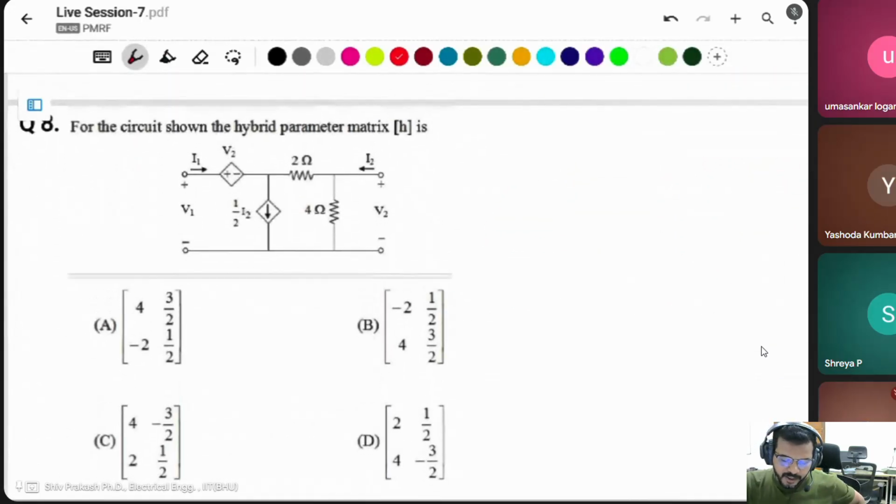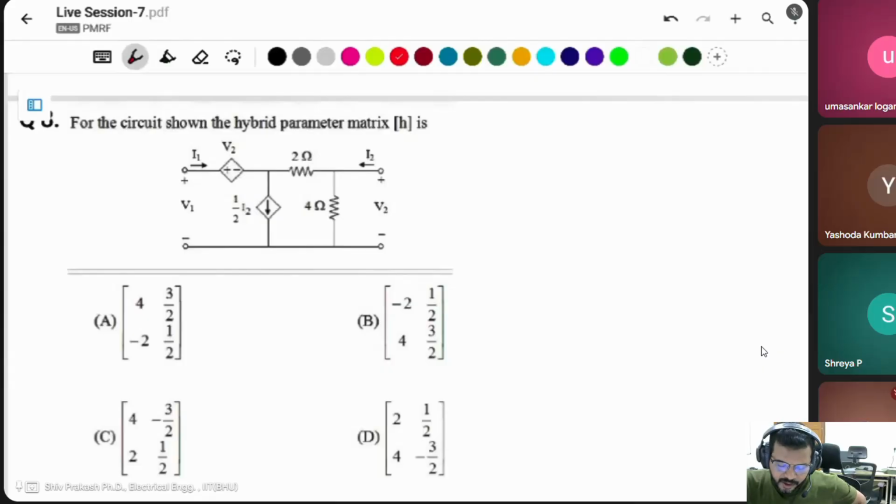Next is the given for the circuit shown, the hybrid parameter matrix is. So asking about the hybrid parameter. Hybrid parameter it means H parameter. H parameter between V1 and I2, remaining is I1 and V2.